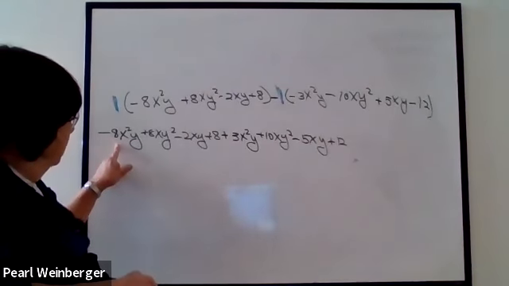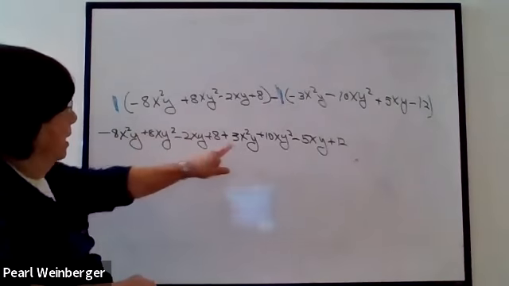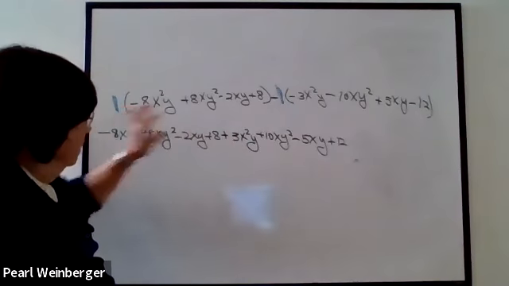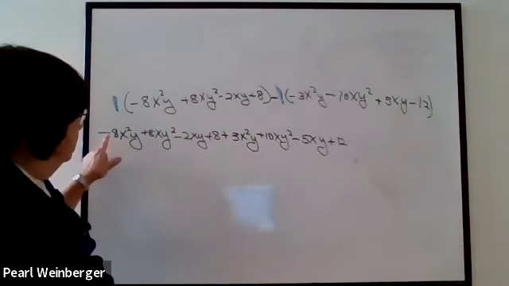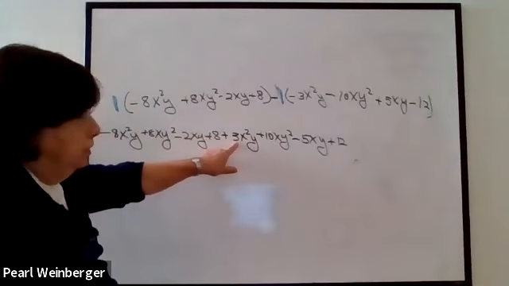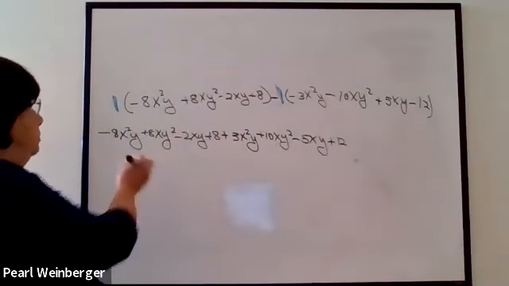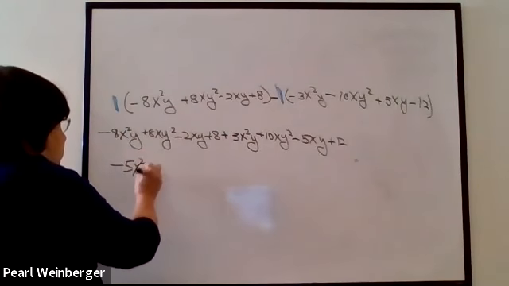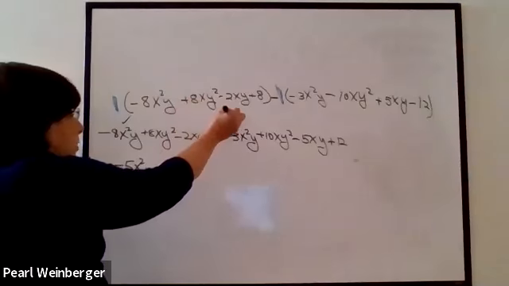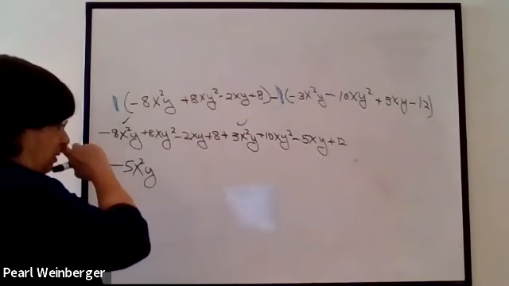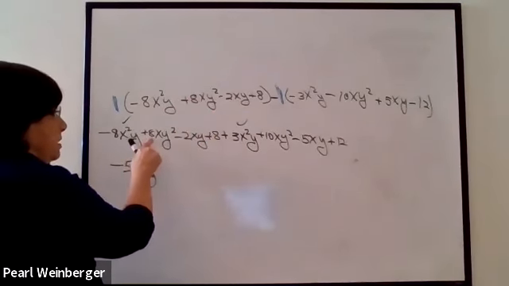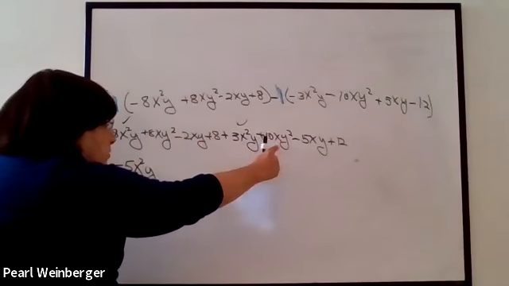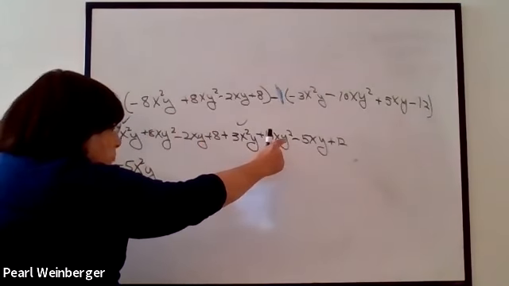So here we have a negative 8x squared y and a positive 3x squared y. They're identical in the letter parts. So we combine the negative 8 plus 3, we combine the coefficients. That gives me negative 5x squared y. I'm just going to put a check mark to what I've already used. The next thing I see is an 8xy squared. And there is another term with an xy squared. There's a 10xy squared.